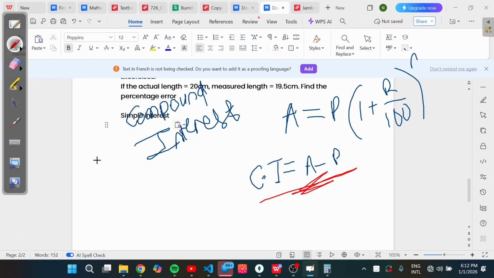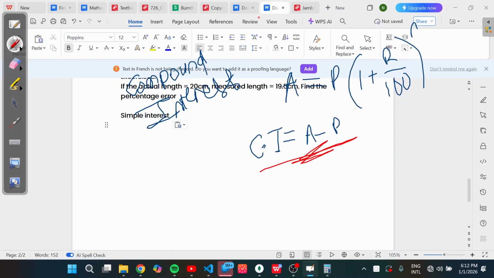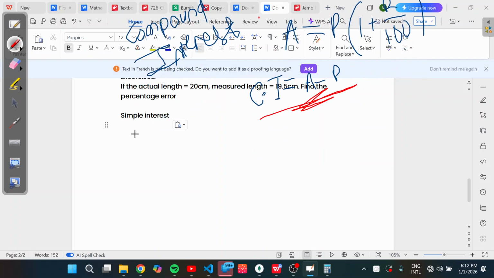Okay, so let's actually solve an example and then I'll give you guys an exercise to solve by yourselves. Find the compound interest on 5,000 naira, which is our principal, at 10% per annum. 10% is our rate, and for 2 years.